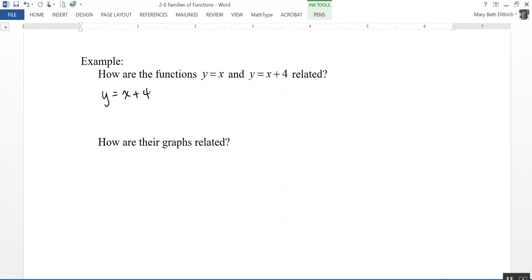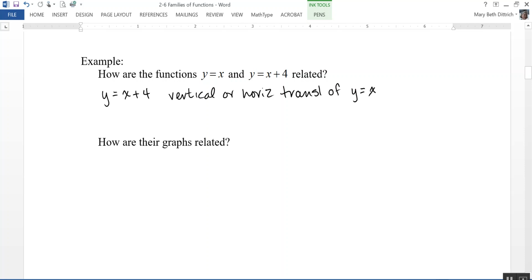So there's not anything being squared or taken the absolute value of or cubed or anything like that, just y equals x. So this is either a vertical or a horizontal translation of the parent function y equals x.